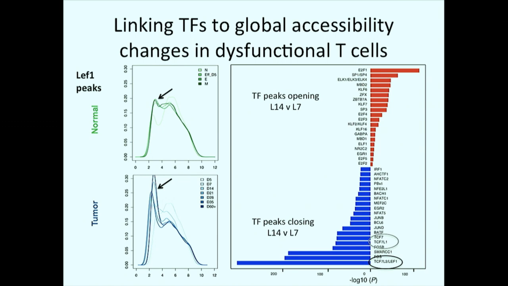So many peaks that have the LEF1 motif are becoming inaccessible, and that's the signal you see here. And in fact, if you look at the changes in that transition from early to late, day 7 to day 14, it's LEF1 and also a bunch of TCF family transcription factors that seem to be losing their accessibility. You're losing that program.